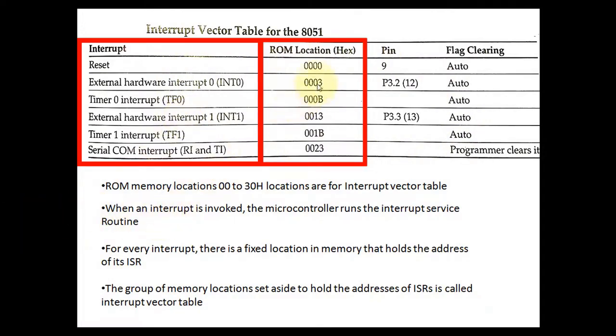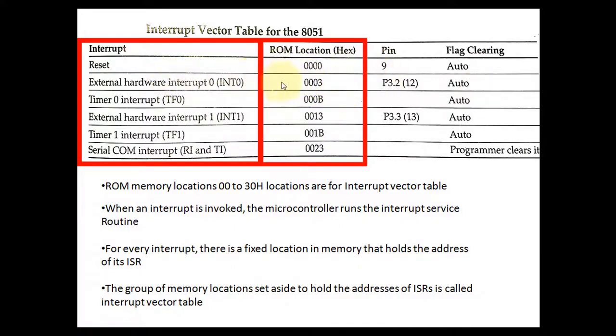ROM memory locations 00 to 30H are for the interrupt vector table. When the interrupt is invoked, the microcontroller runs the interrupt service routine. For every interrupt, there is a fixed memory location that holds the address of the ISR. So whenever there is the external interrupt INT0, the control will get transferred from the main code to the address 003H, and from the 003H address onwards, you have to write the subroutine code.